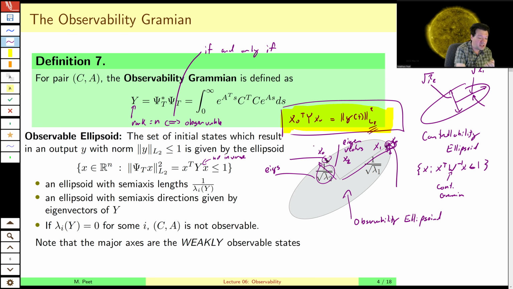So this state right here is actually more observable, because you don't need as big an initial condition in order to produce an output of size 1. And so this is less observable, obviously.